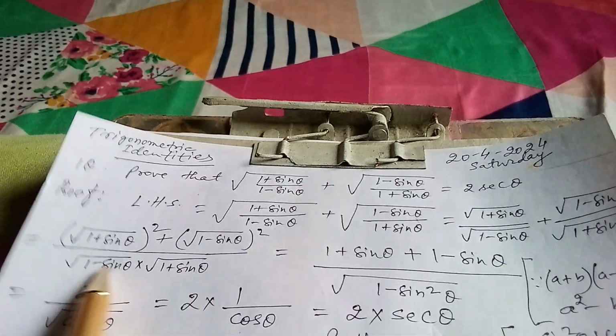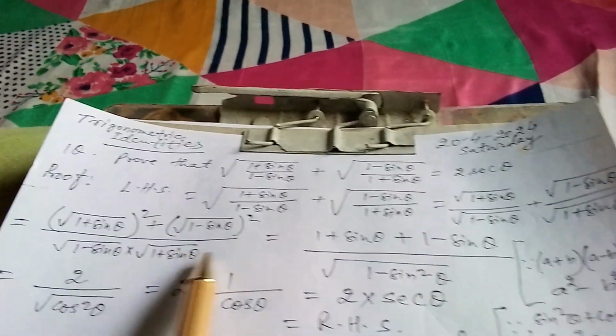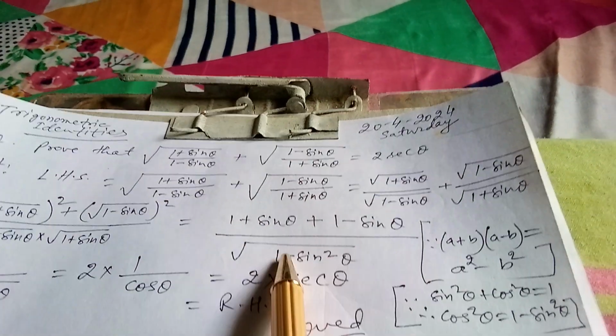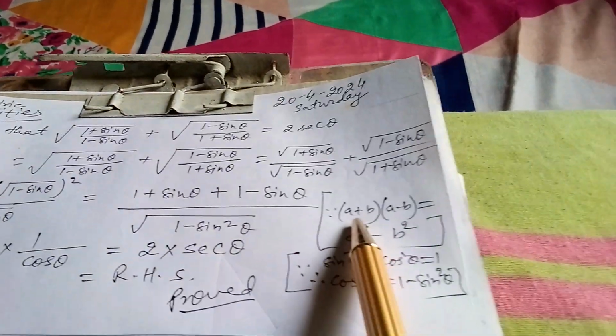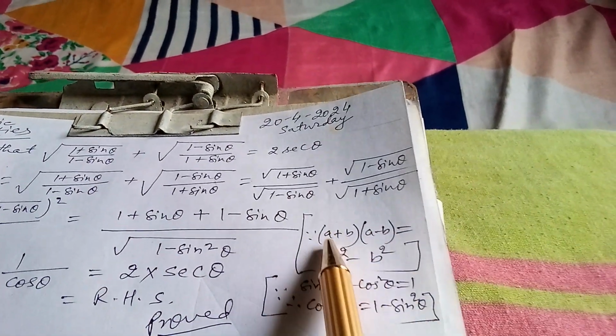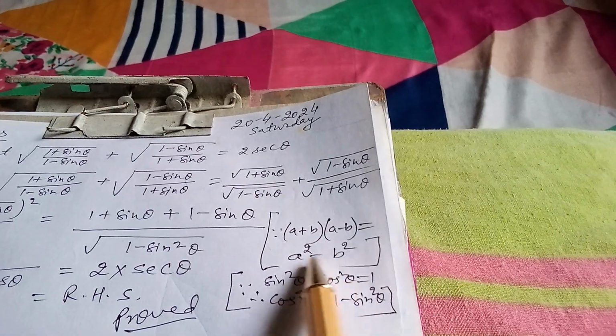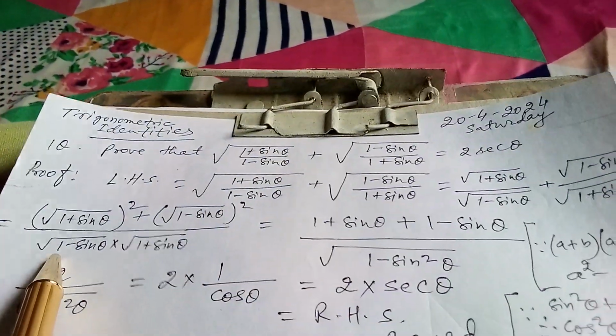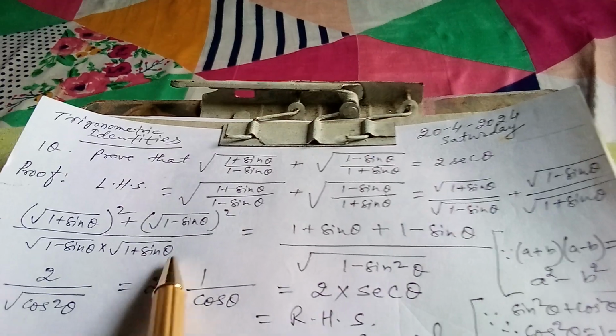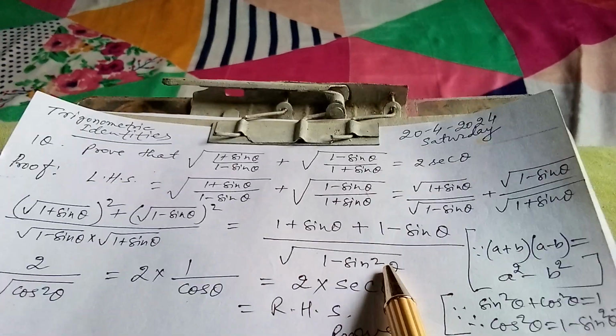By, and here, both are in the square root, so it is written square root of 1 minus sin square theta. Because you know that a plus b into a minus b equals a square minus b square, and that's why 1 minus sin theta into 1 plus sin theta becomes 1 minus sin square theta.